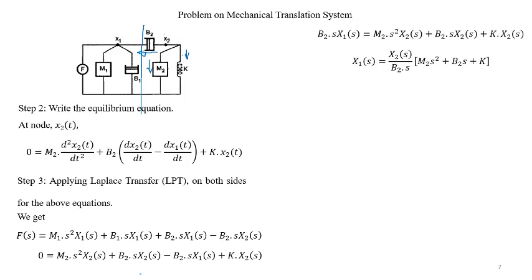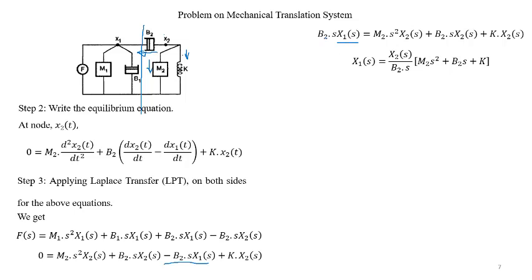Now what we are supposed to do is bring here the transfer function. So to bring it into a transfer function, we rearrange the equation. This one, minus b2 s x1 of s, we are going to take on the other side, that is on the left hand side. What we get is m2 s square x2 of s plus b2 s into x2 of s plus k into x2 of s equal to b2 s x1 of s.